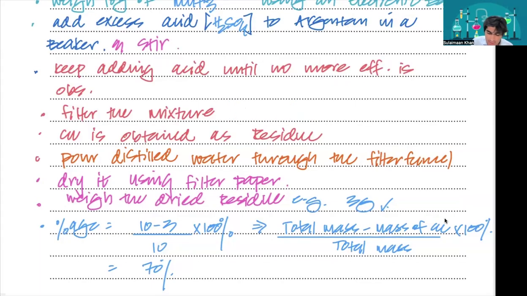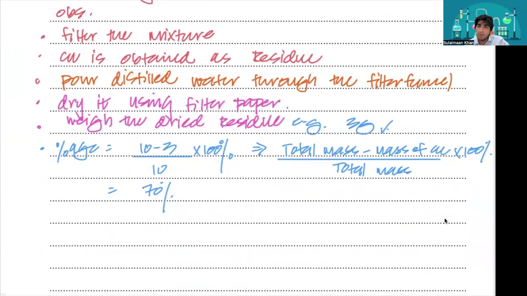But the examiner said, if I'm saying pour distilled water through the filter funnel, he has told students multiple times in the examiner reports that our main objective is to find the percentage by mass of zinc. Don't go on telling me in 3 lines that the reason I'm pouring distilled water over this is to remove traces of NaF or to remove traces of zinc sulfate. You're just going to waste your time and take up more space. So you don't need to do this.